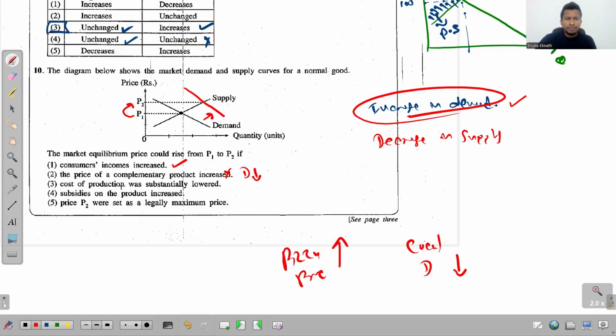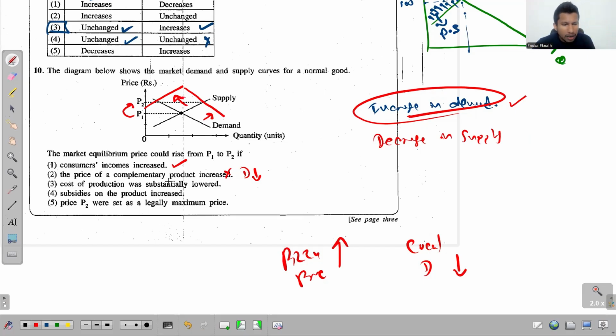The third one, cost of production was substantially lowered. Now this is the third question that we find in this paper itself, right? If the production cost decreases, it will result in an increase in supply, not a decrease in supply. But what do we need? Supply should decrease.